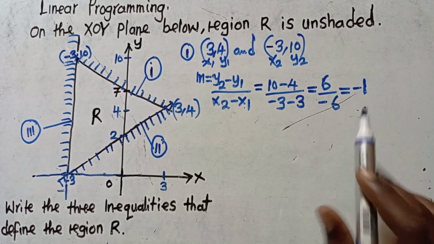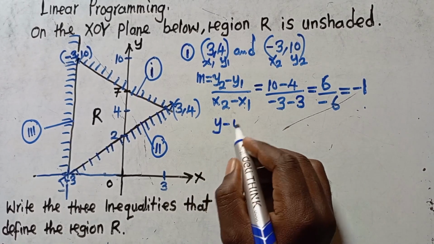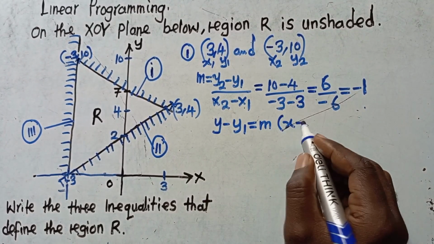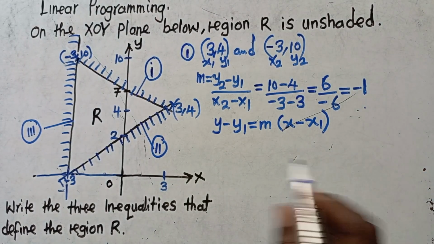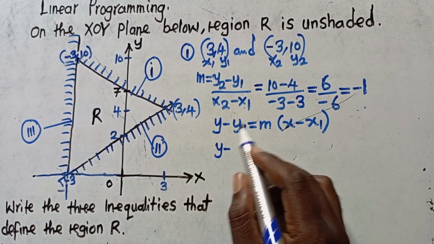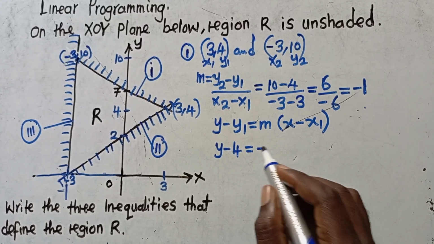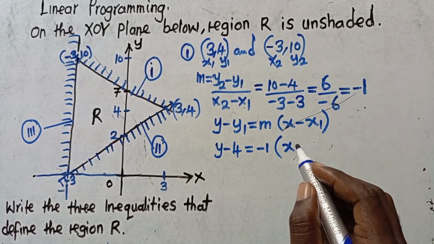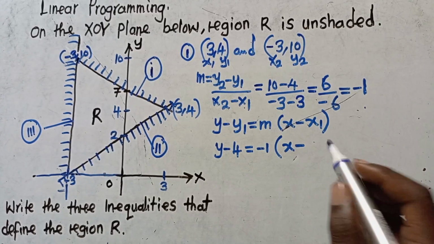After you find that one, you just say now, the general equation of all straight lines: y minus y1 is equal to m(x minus x1). This is what you are supposed to do. I substitute now. y minus y1, which is 4, equals m, the gradient, -1, times (x minus x1), where x1 is 3.